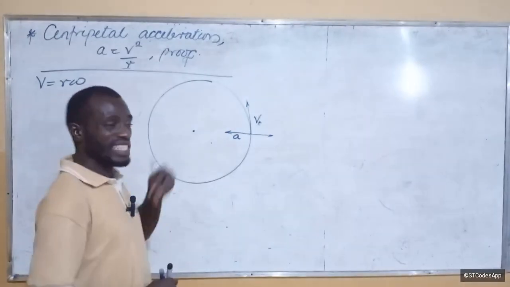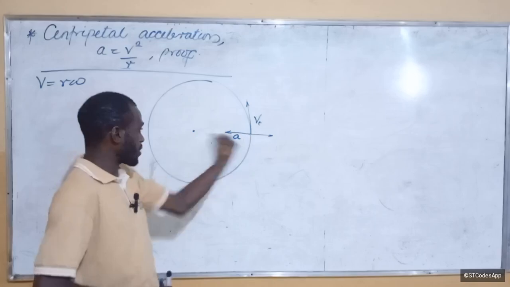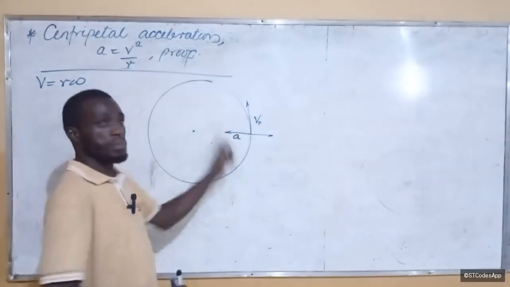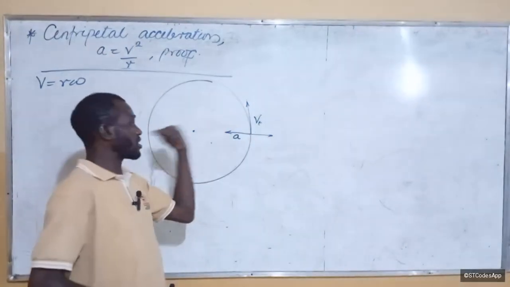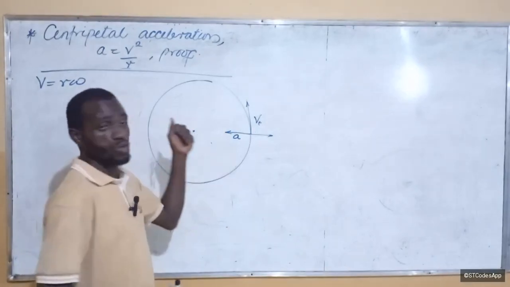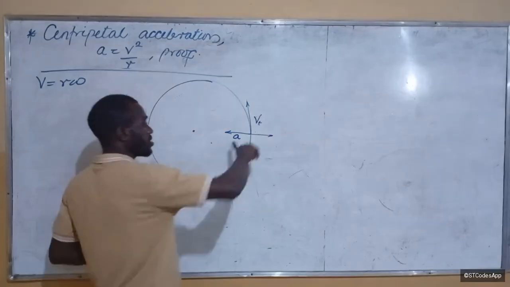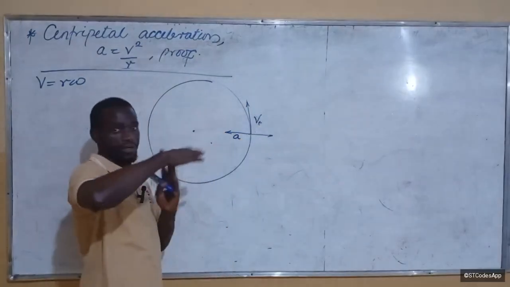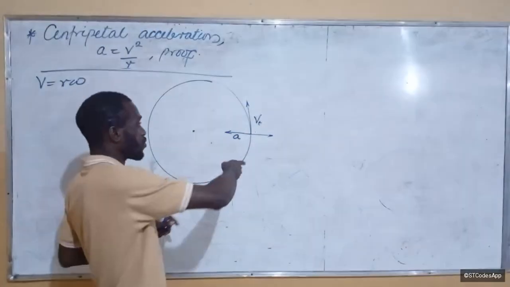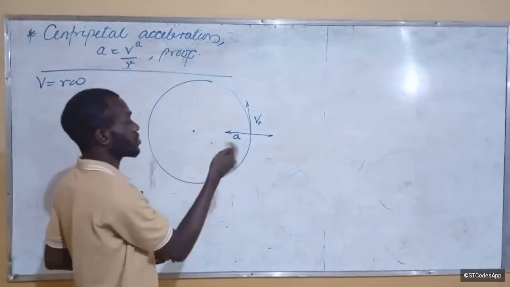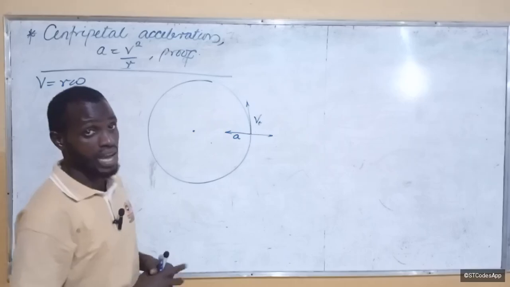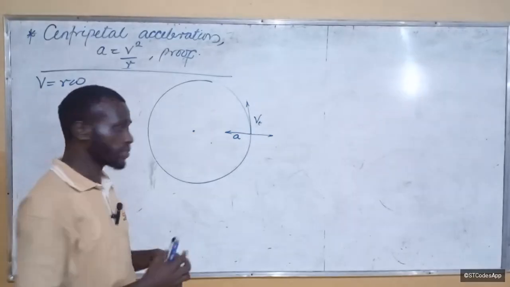Why? Because the centripetal force is the force that keeps this body in this circular path attracted to the center. Is that clear? It pulls it towards the center. Then this velocity is always tangential. Okay, the direction of velocity at every point on this curve is tangential, perpendicular to the centripetal acceleration. I hope you are following.